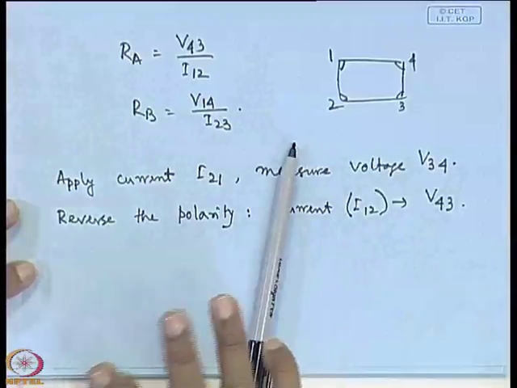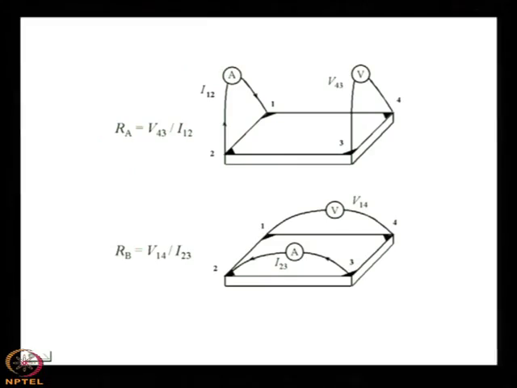What we have done is, first apply current between 2 and 1, measure voltage between 3 and 4, then reverse the polarity of the current. So, now the current will be between 1 and 2, earlier it was between 2 and 1, and the voltage will be between 4 and 3.